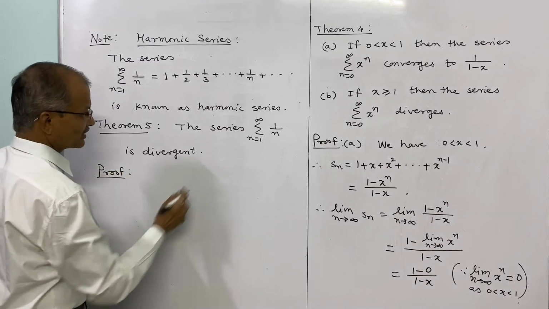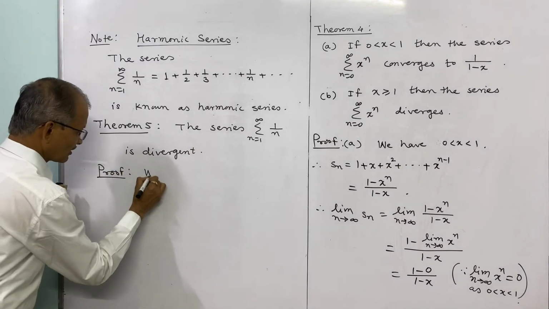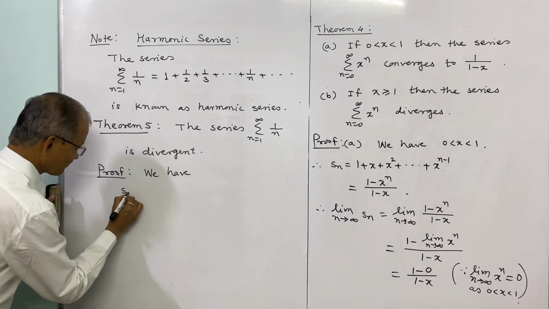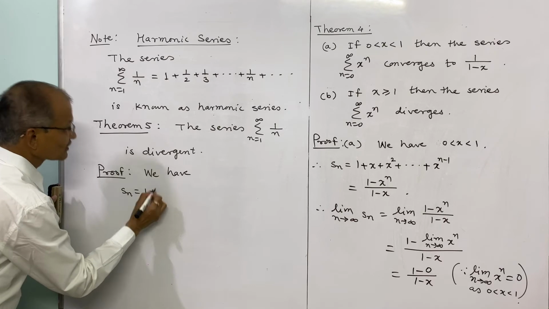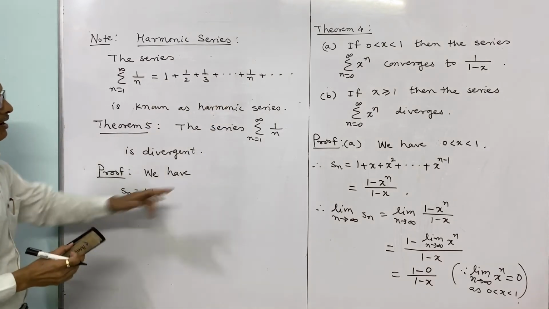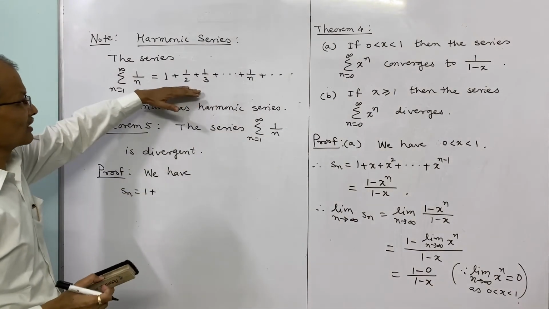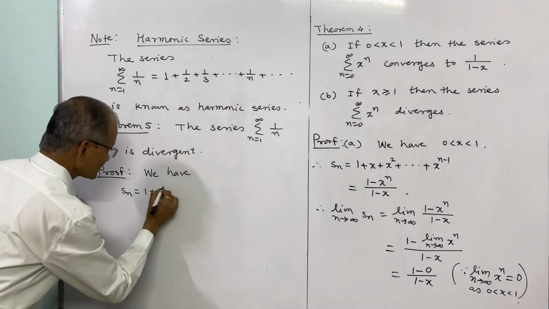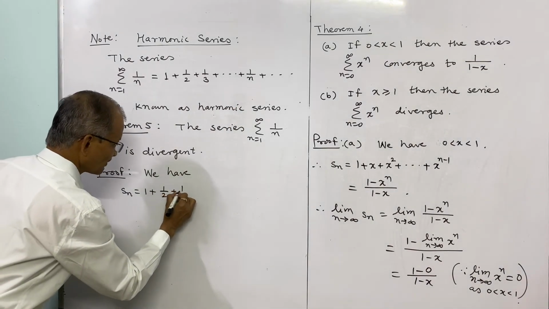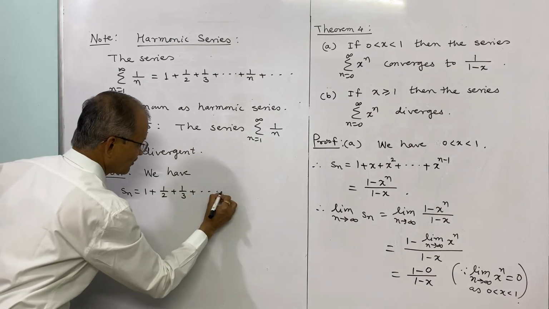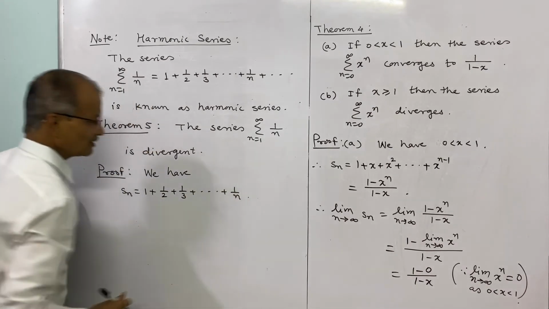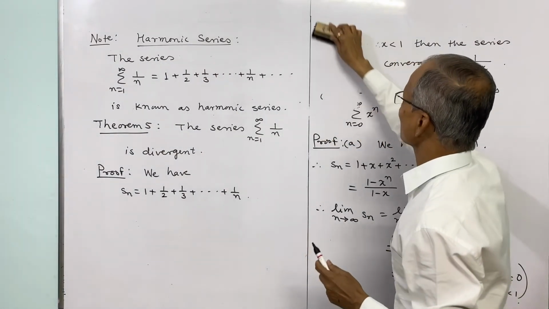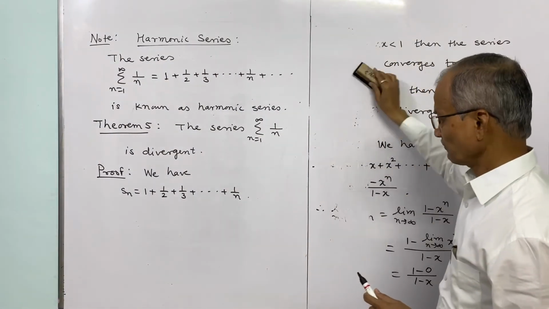What is Sn? We have here the sum of first n terms. Sn is 1 plus 1 by 2 plus 1 by 3 and so on up to 1 by n. This is Sn. Now we have to decide the convergence or divergence of this sequence Sn.